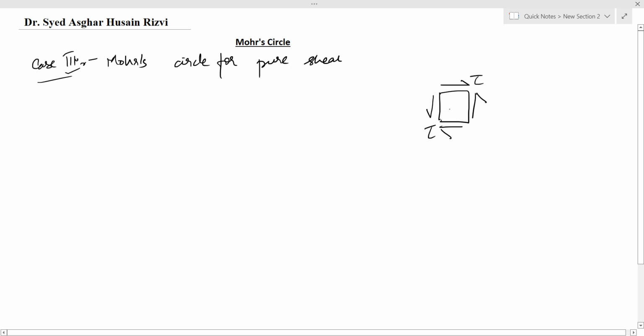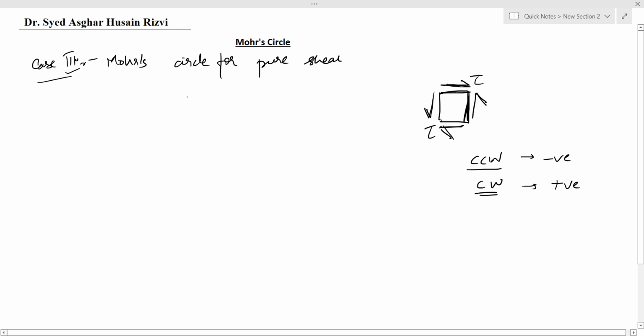Since we have discussed in our assumptions that counterclockwise movement produced by the shear stress is considered negative, and clockwise movement of the shear stresses is considered positive. Here we can see that this face of the element is having clockwise shear stress, and this face is having anti-clockwise shear stress.